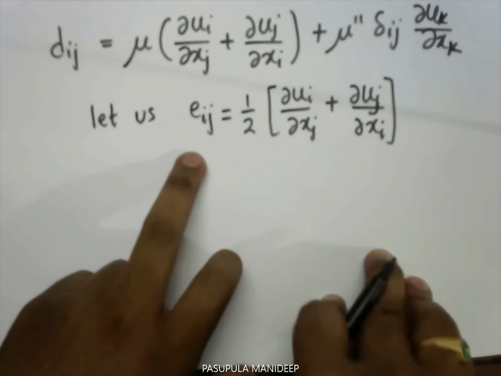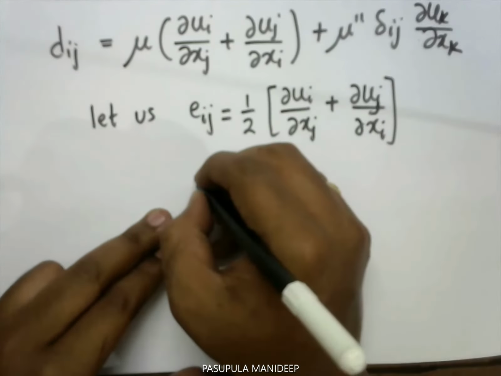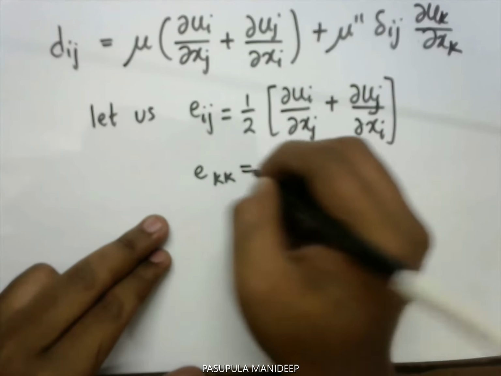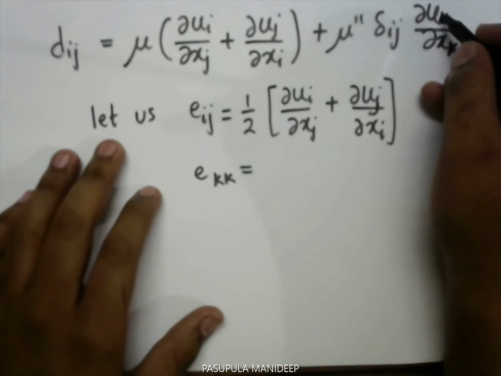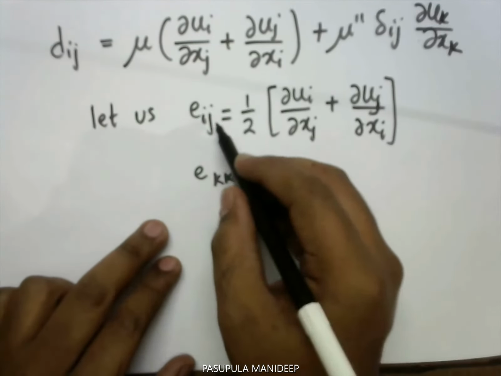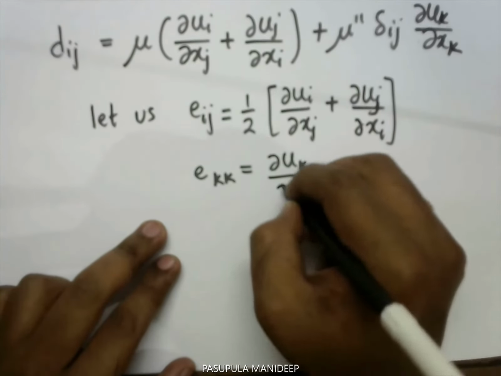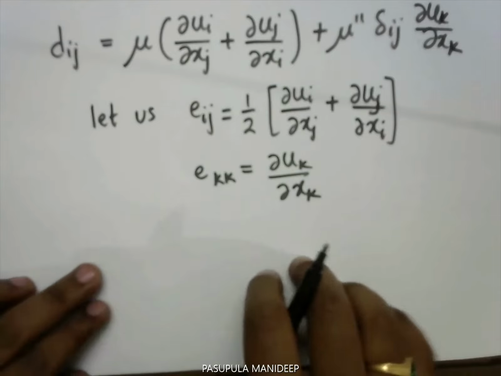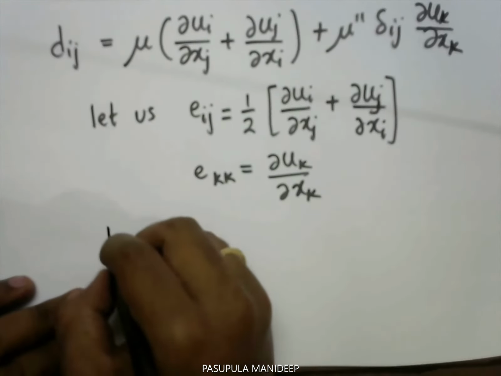So now this term will become ekk, right? Because we are essentially replacing i and j with k's. So this term will become ekk. So we can rewrite this expression in terms of eij and ekk.